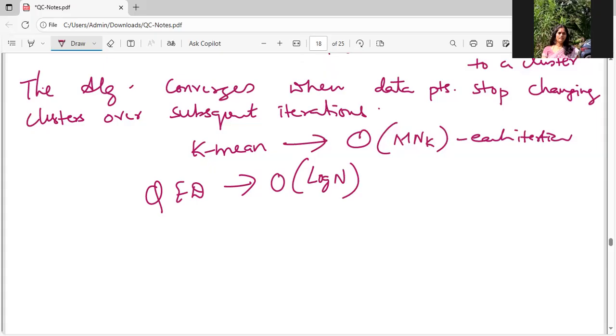Kindly check. So, overall complexity would be m log NK, or the overall order for the quantum k-means would be m log nk.